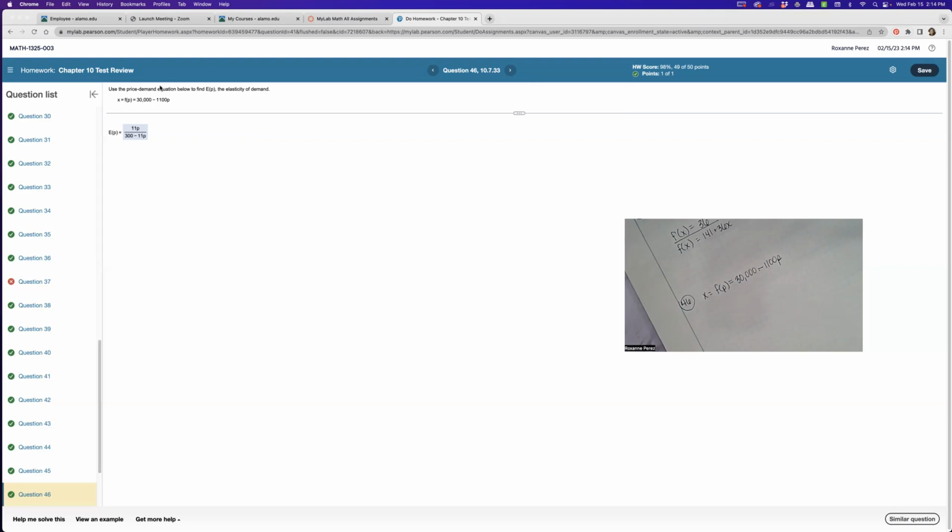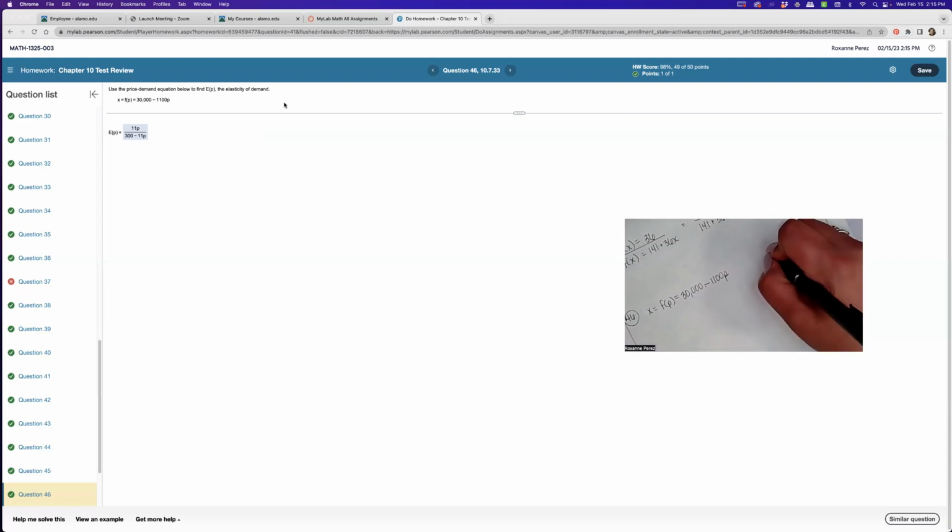We are asked to use the price demand equation to find E of P, the elasticity of demand. So what are we going to do? For the elasticity of demand, we need to use function E. This is a toolkit note.